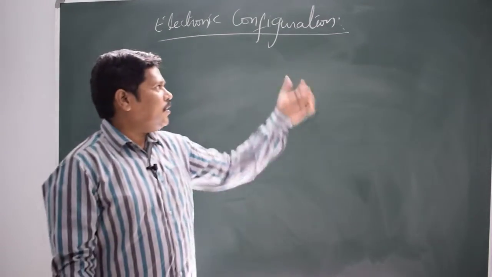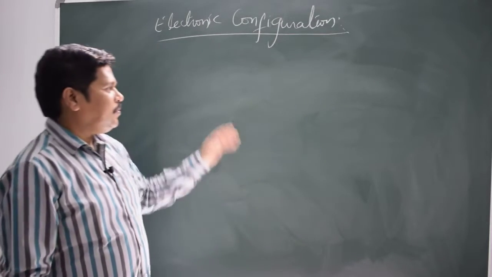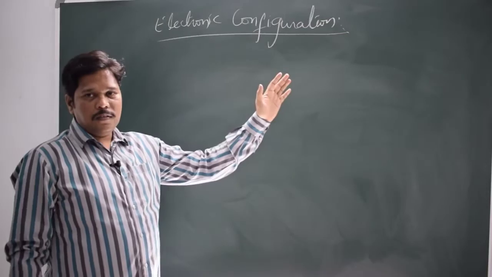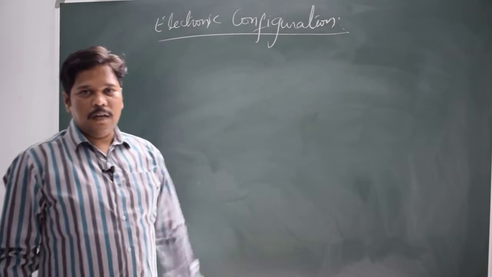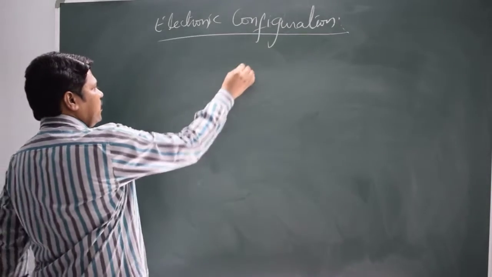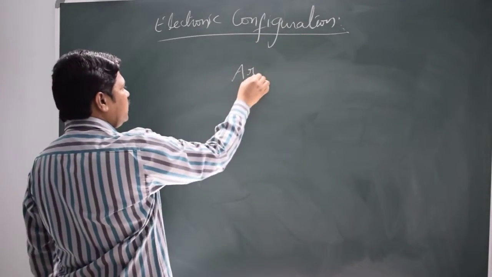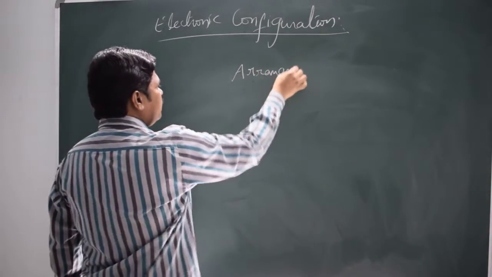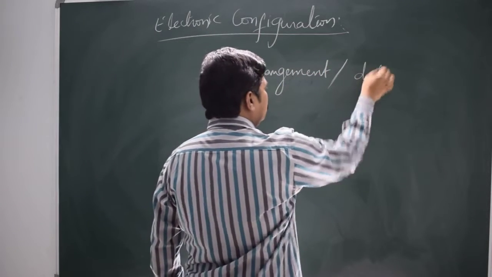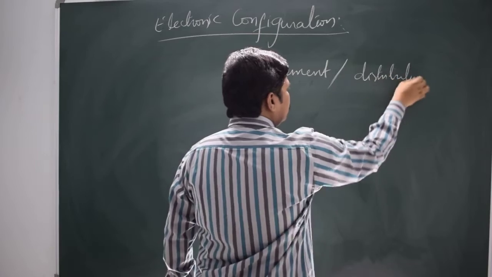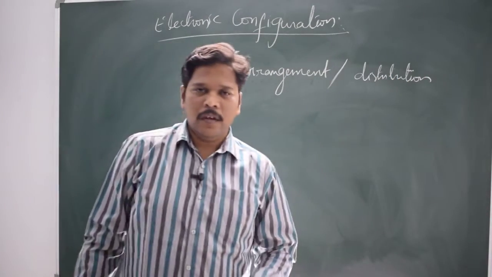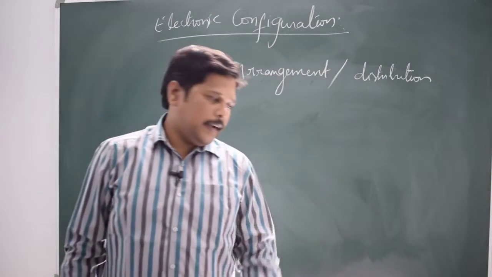Electronic configuration is the arrangement, or you can also call it distribution, of electrons in the different shells of an atom.